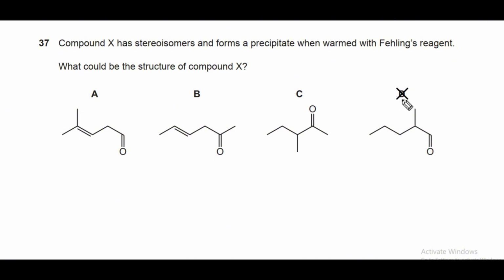So compound D will show stereoisomers because it has a chiral center. Now compound A has no chiral center and it has a double bond, but this CH3 and this CH3 are the same group, so it will not show geometric isomers.